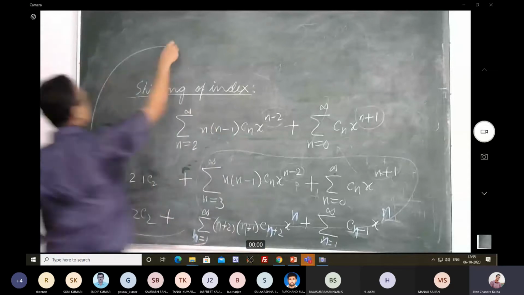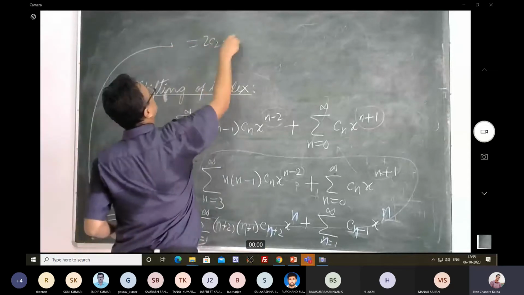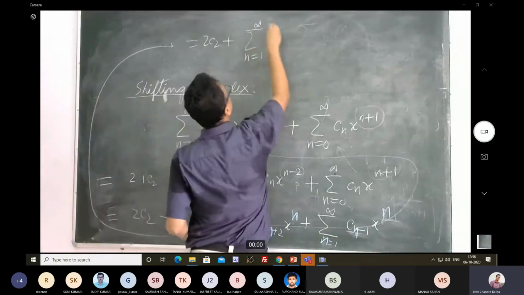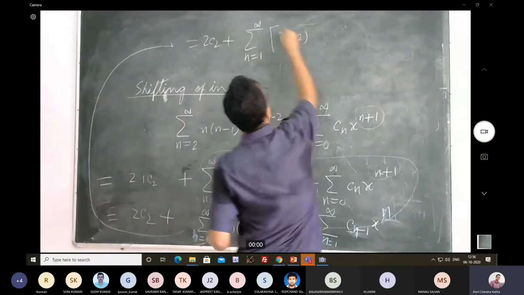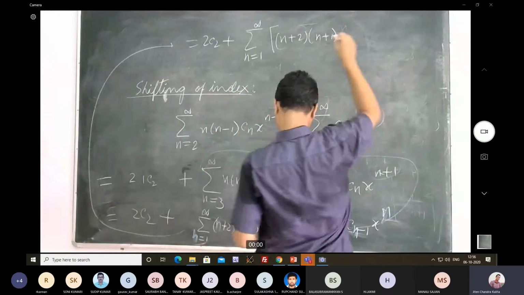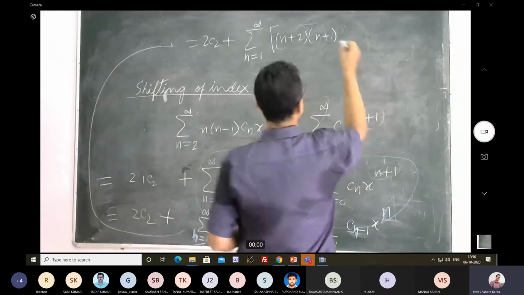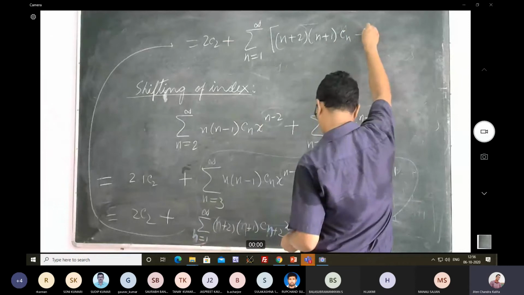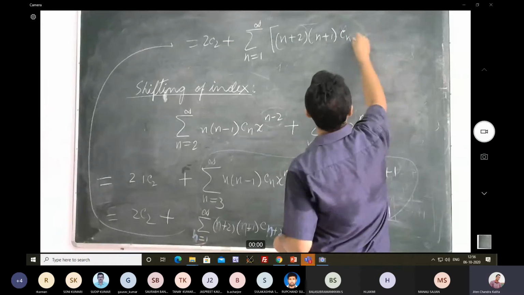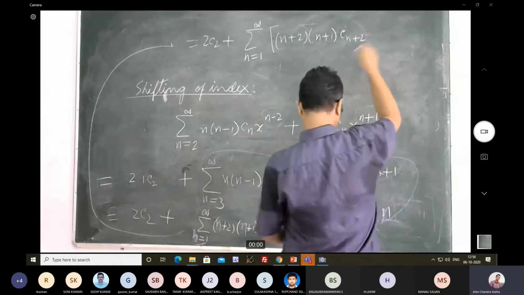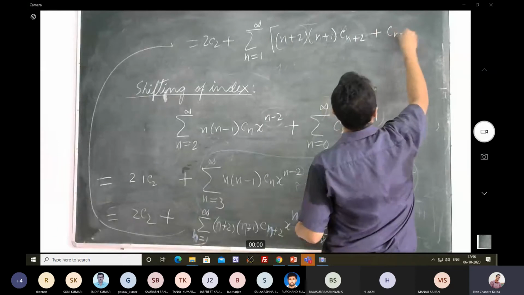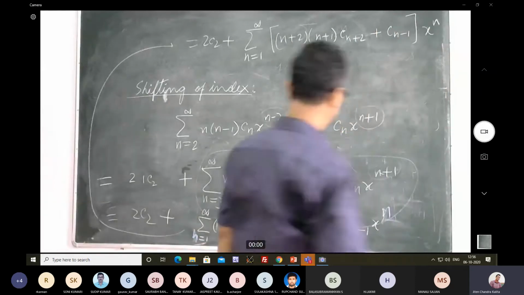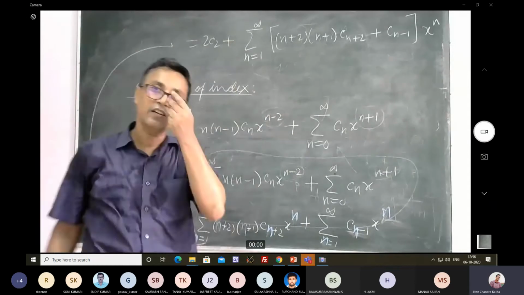So eventually this is going to be 2c_2 plus the sum from n equal to 1 to infinity of (n plus 2)(n plus 1) c_(n+2) plus c_(n-1), times x to the power n. Is it okay? Fine.